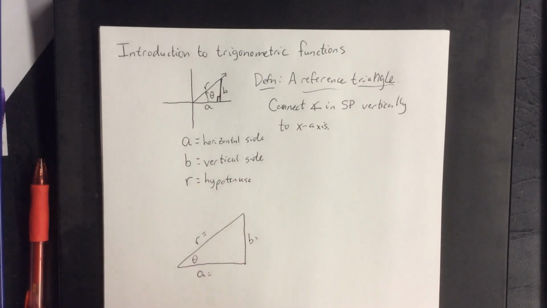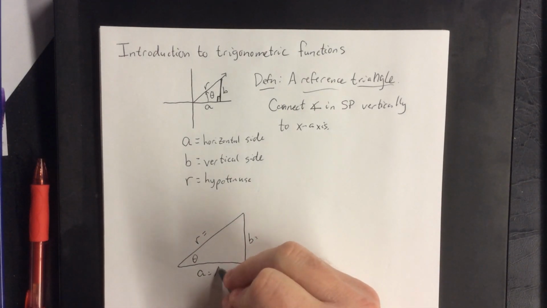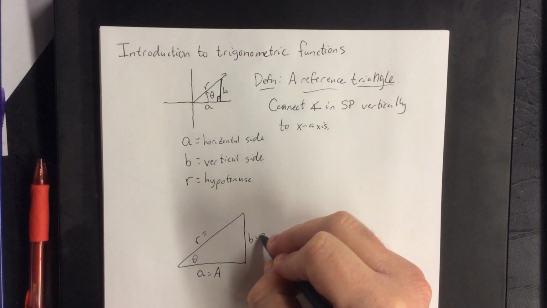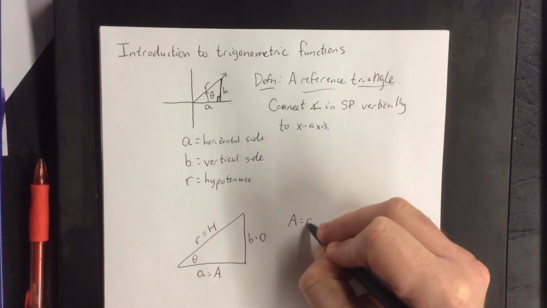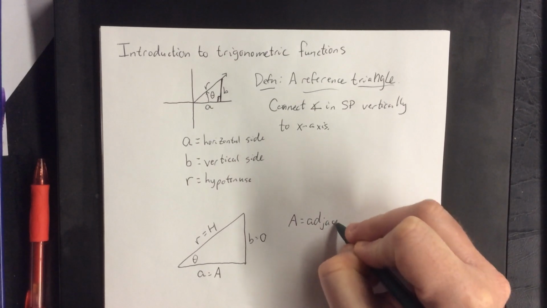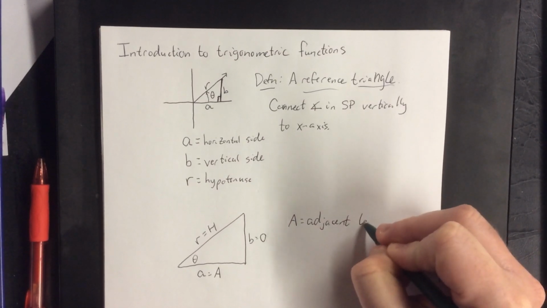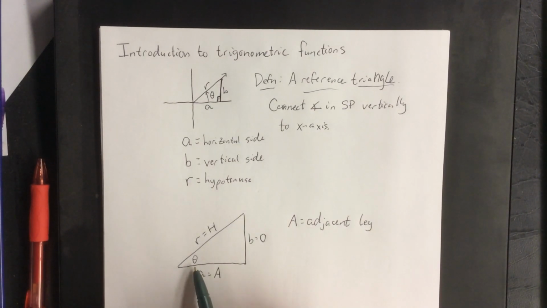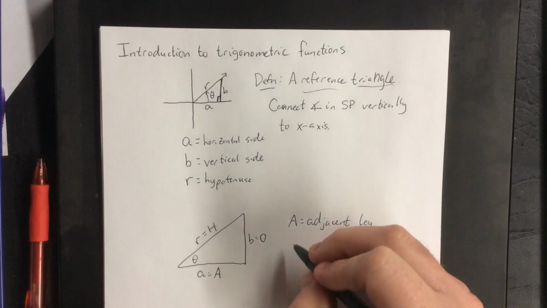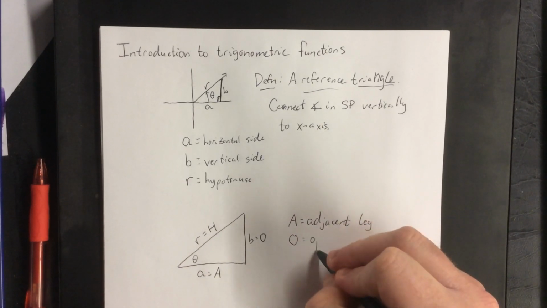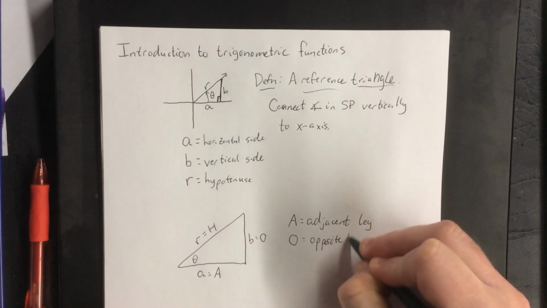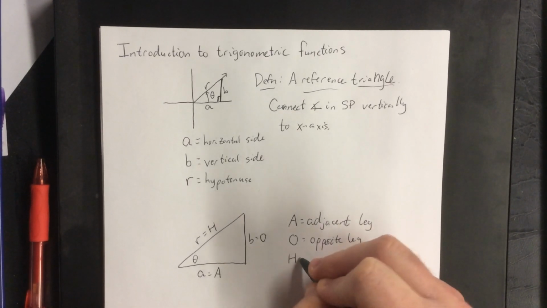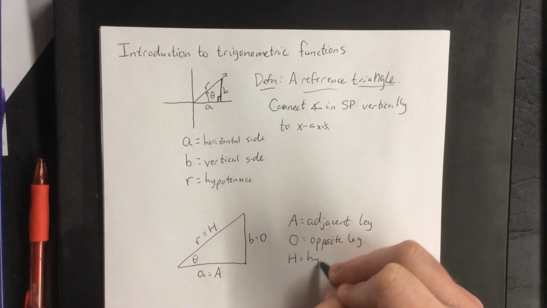There are also other denominations that we use to label these three sides, and those are referred to as A, O, and H, where A stands for the adjacent side. Adjacent means directly next to, so adjacent to the angle would be the adjacent leg. O is referring to the opposite leg, and H is, of course, referring to the hypotenuse.